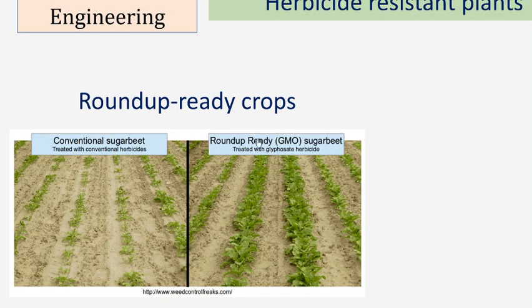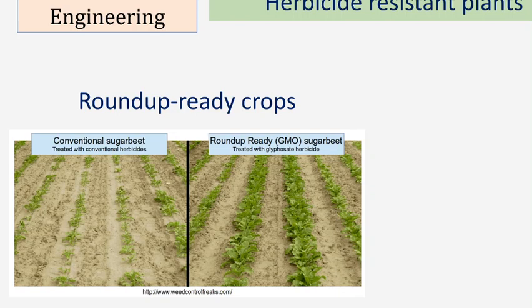So this Roundup or glyphosate is so strong that it kills all of the weeds, but it also kills the crops. So is there any benefit? There is no benefit actually. When I want to get rid of the weed, but it is also killing the plant, so this is actually damaging my plant. So what to do?